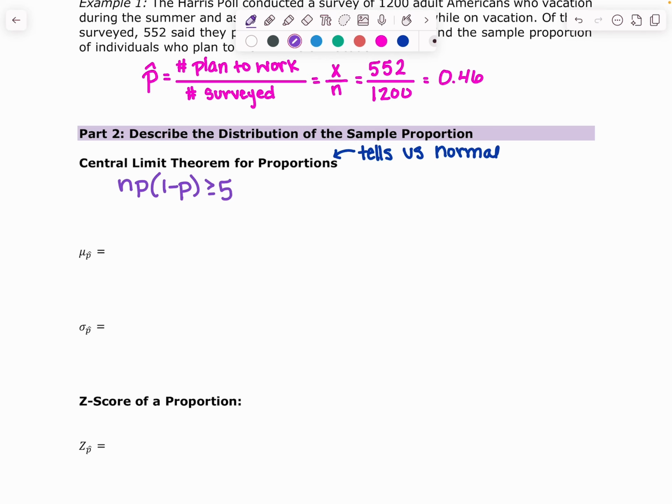So our sample size times the population proportion times 1 minus the population proportion, that product has to be greater than or equal to 5. If it is, then we have a normal distribution. If it's not, then we don't have a normal distribution.